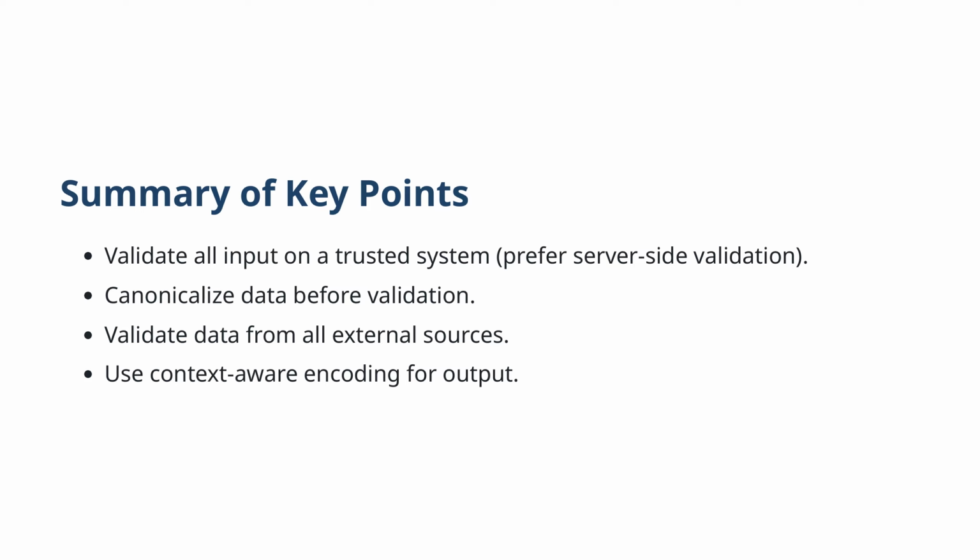Third, make sure to validate data coming from all external sources. This includes user inputs, third-party APIs, or any external system interactions. Finally, use context-aware encoding for all output. This means applying the appropriate encoding based on where the data is being rendered, such as HTML, JavaScript, or SQL contexts. Implementing these practices helps secure your application against a range of common attack vectors.